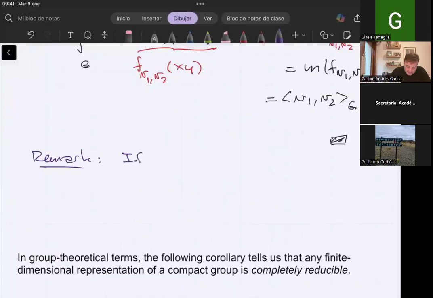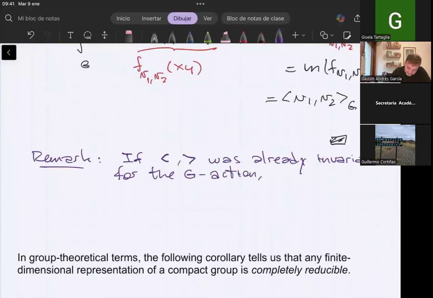So if our inner product was already invariant for the G action, then the formula above gives us the same result, okay? It's exactly the same.